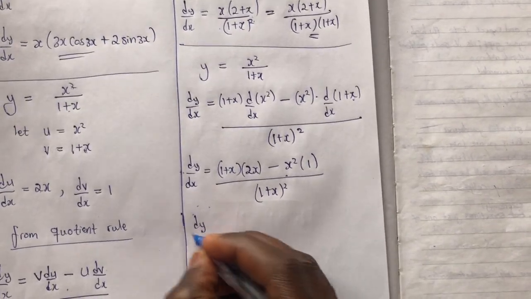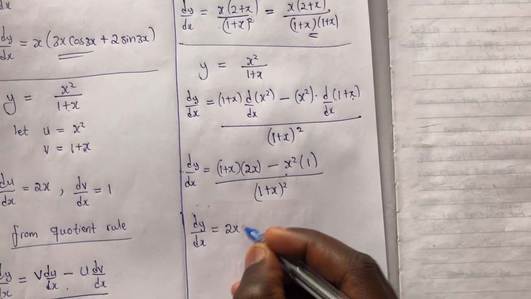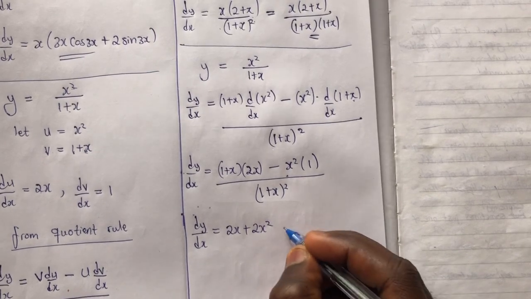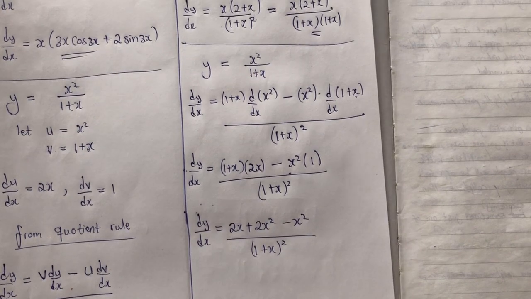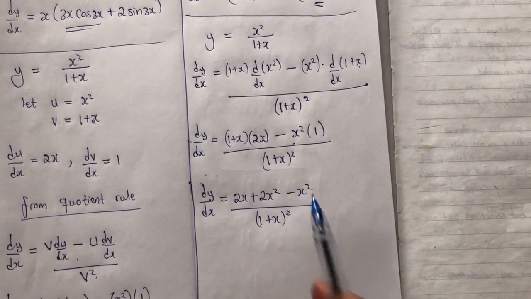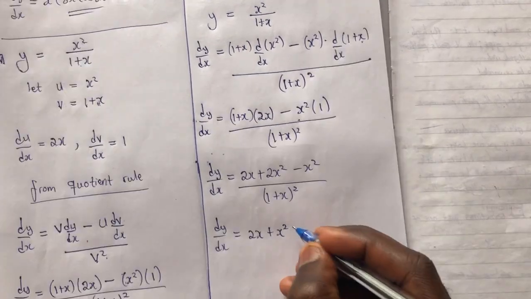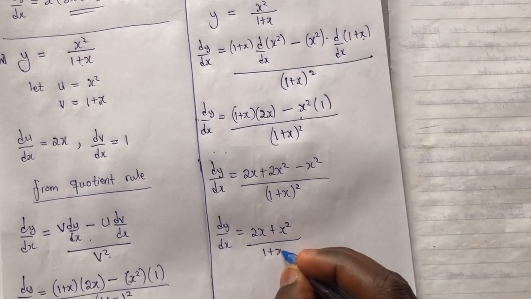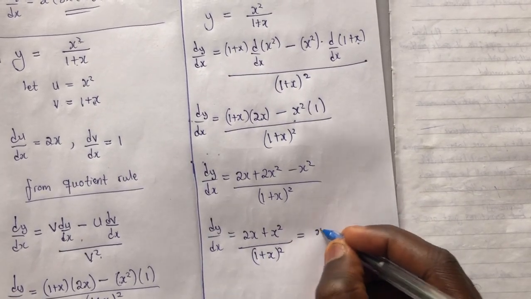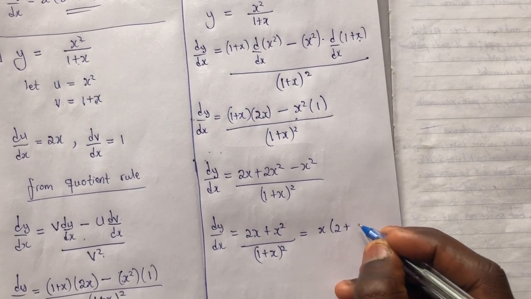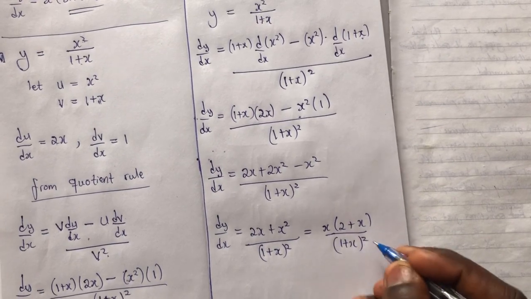So in your next step, dy dx will be equal to, this time this will give you 2x plus 2x squared minus x squared over 1 plus x all squared. So this and this is common, we already know. Will give us 2x plus x squared all over 1 plus x all squared, giving us the same x out, 2 plus x all over 1 plus x all squared.